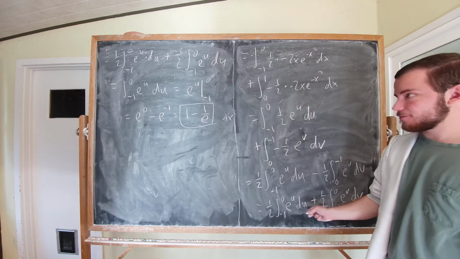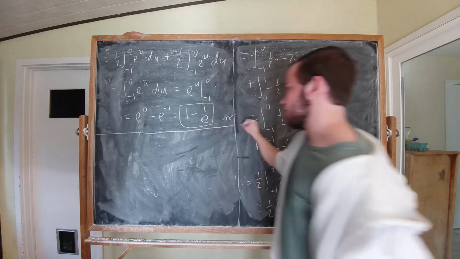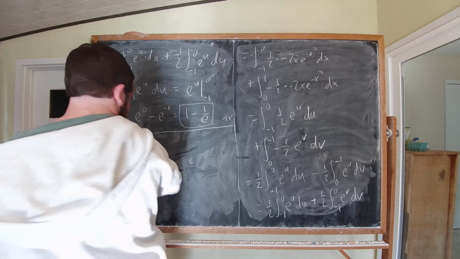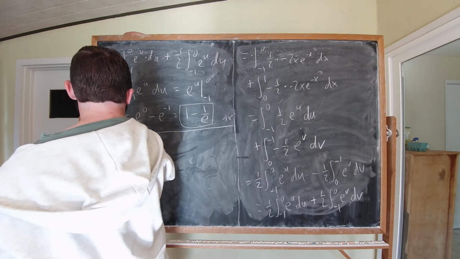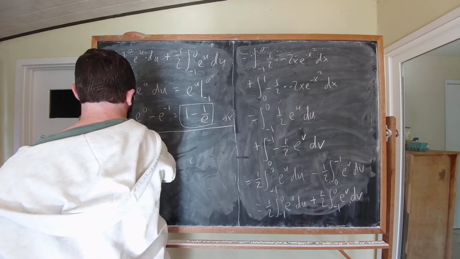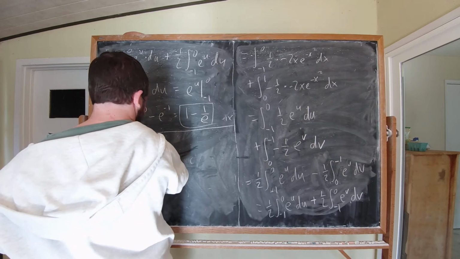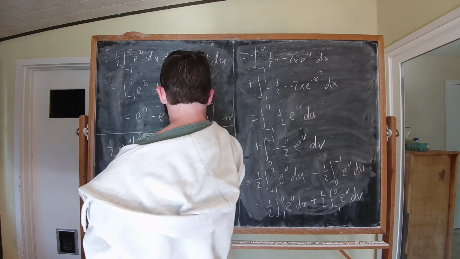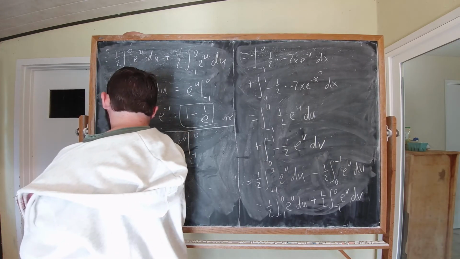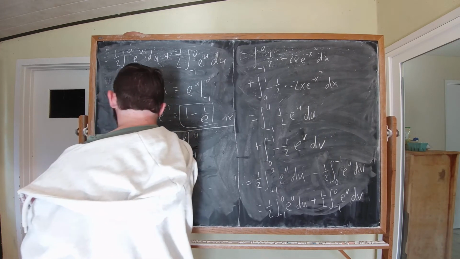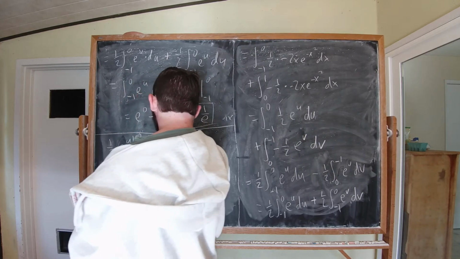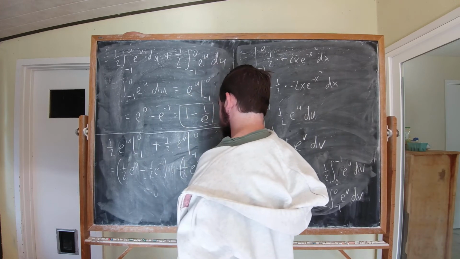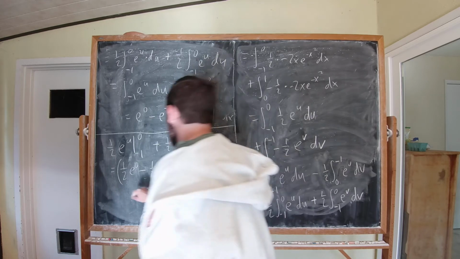And if you wanted to do it separately, so let's say you didn't like the spicy way and you said, well, I just want to play it safe, do it separately. You'd get 1/2 times e to the u as u runs from -1 to 0, plus 1/2 times e to the v as v runs from -1 to 0, which is 1/2 e to the 0th minus 1/2 e to the -1st plus 1/2 e to the 0th minus 1/2 e to the -1st.